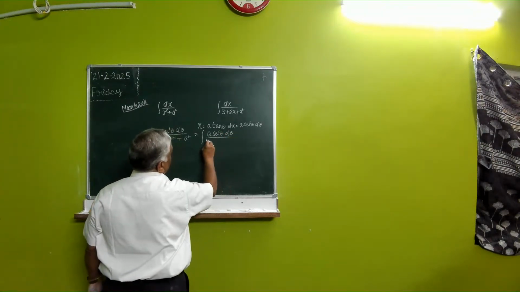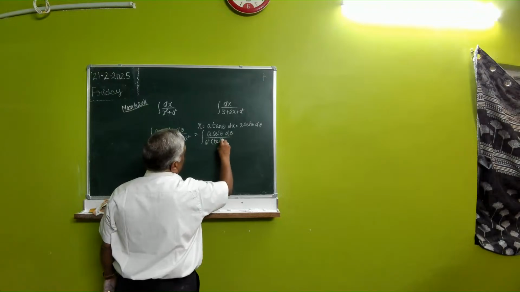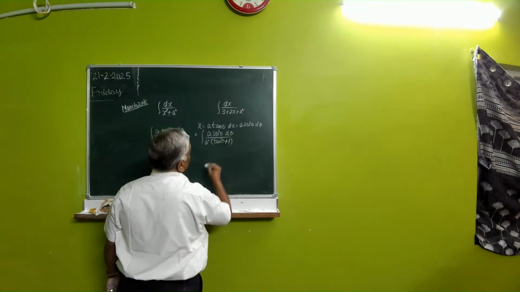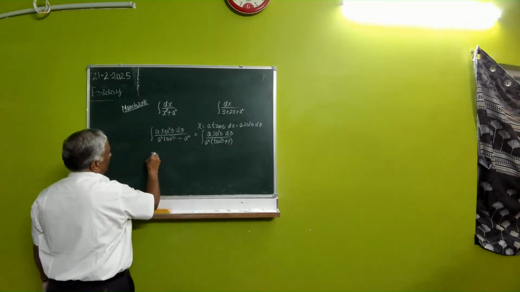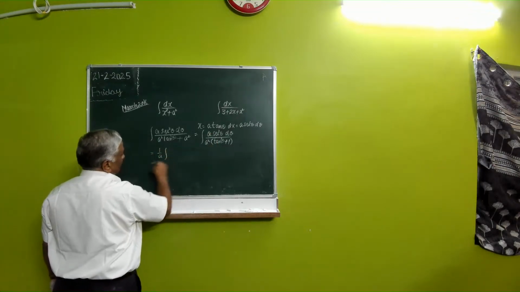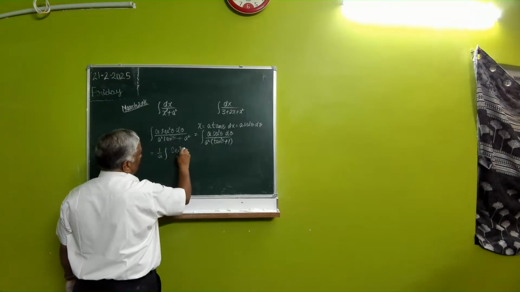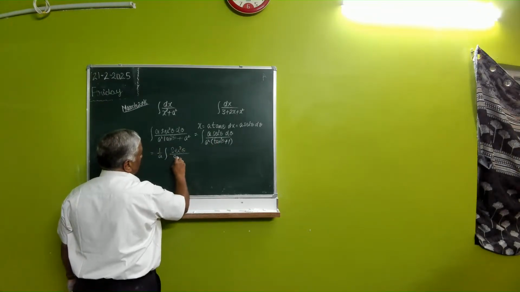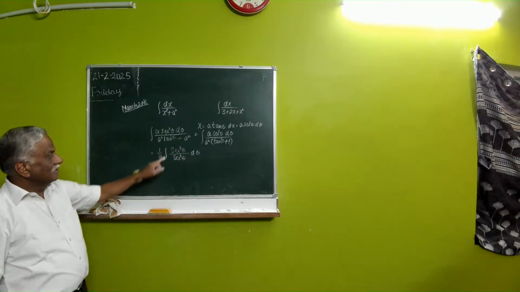Take a square common. You get tan square theta plus 1. One a you can cancel. The other a you can keep outside. And you will get secant square theta over secant square theta d theta.